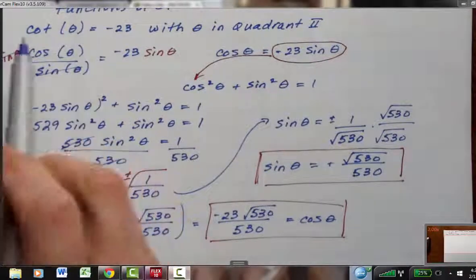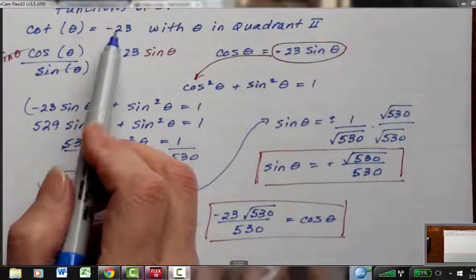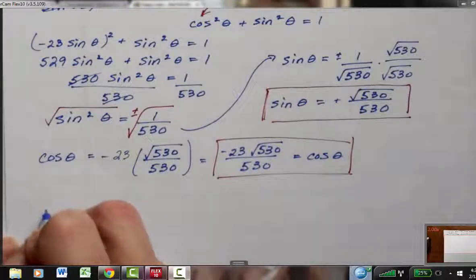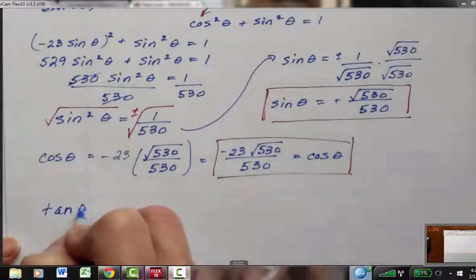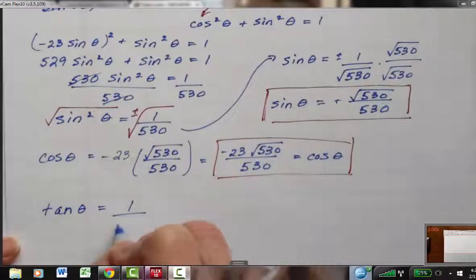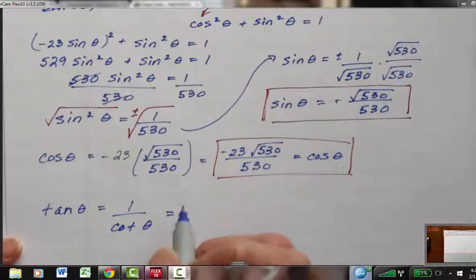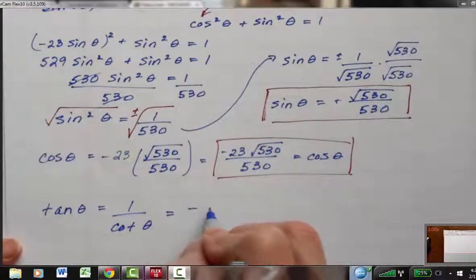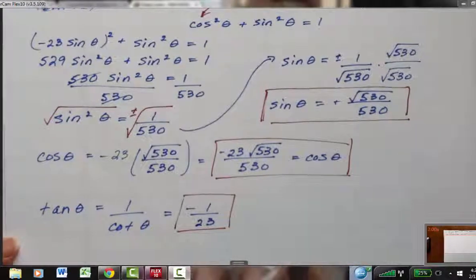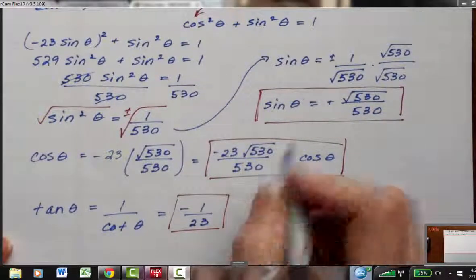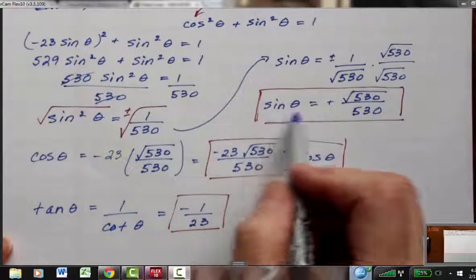So we have cotangent equal to negative 23. Well, we know that tangent theta is equal to 1 over cotangent theta. So it's equal to the reciprocal. So the reciprocal of negative 23 is negative 1 over 23. And that is tangent theta. To find cosecant theta, it's the reciprocal of sine theta.